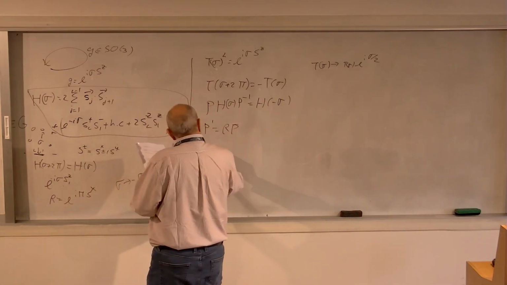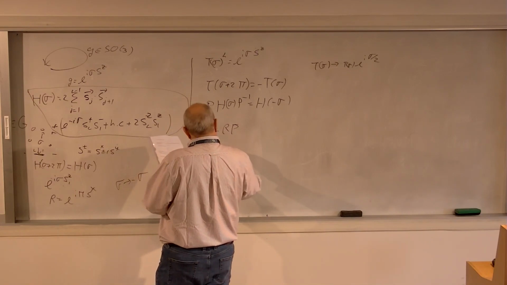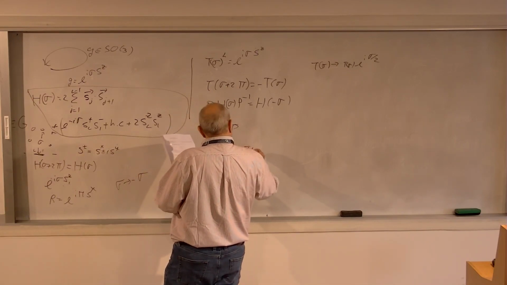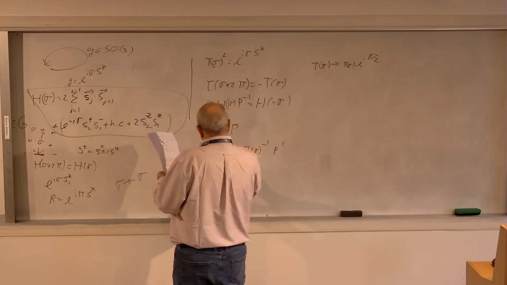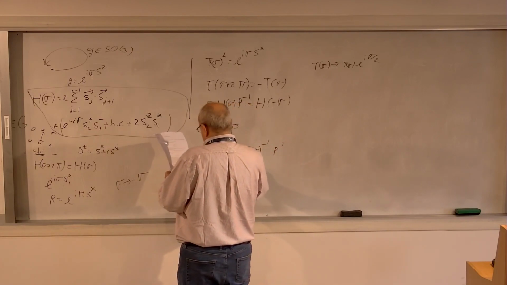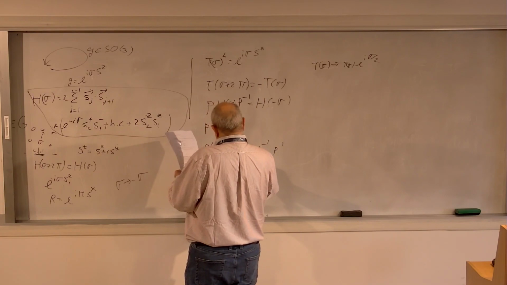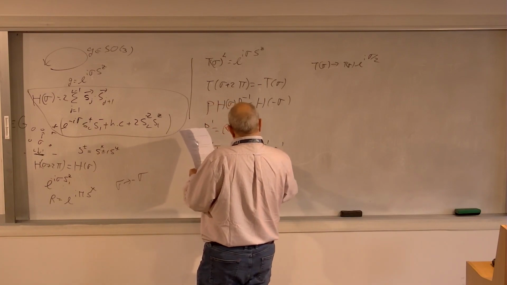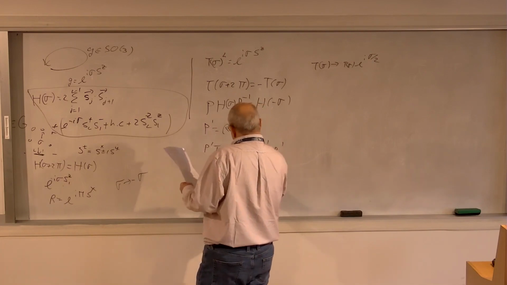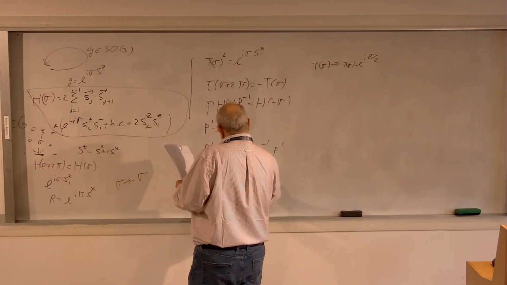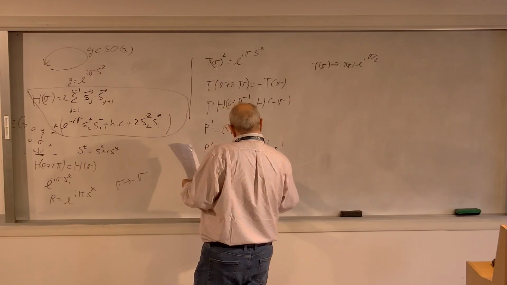However, P prime T of sigma is T of sigma inverse P prime, and P prime e to the i xi Sz is e to the minus i xi Sz times P prime, and P prime squared is (-1)^L.